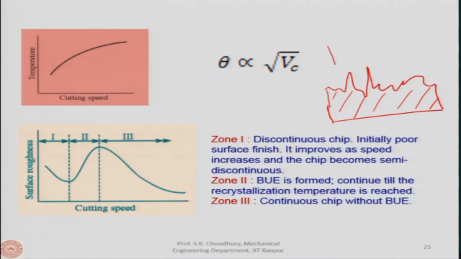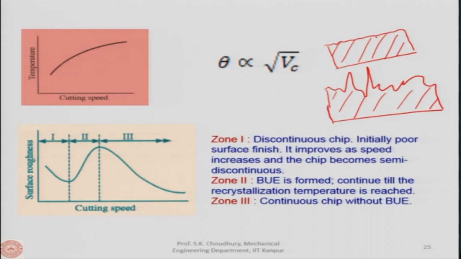But if a surface looks like this, that means the undulations are less and the surface finish is better. So, you can say that the finish of this surface is better than this surface, because here the surface roughness is more than in this case.